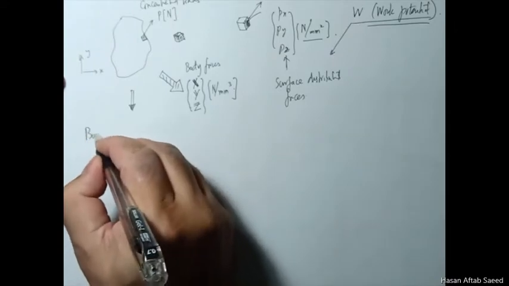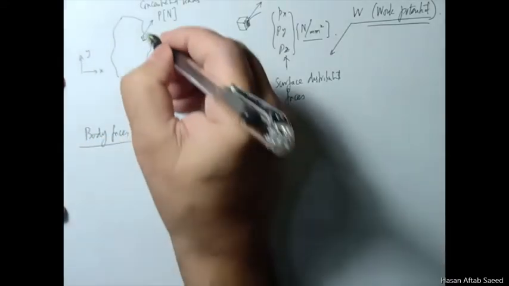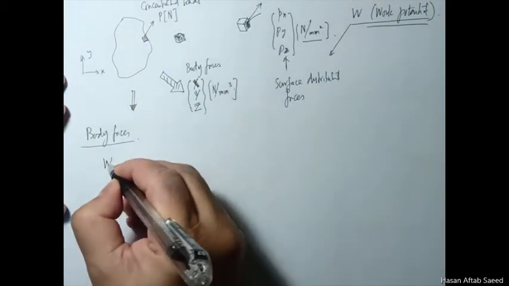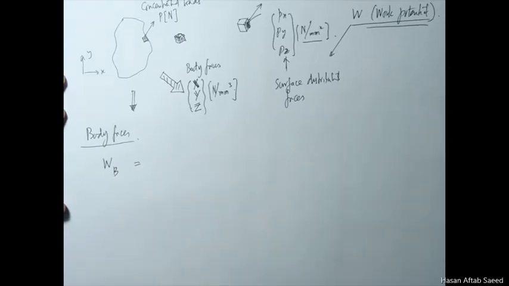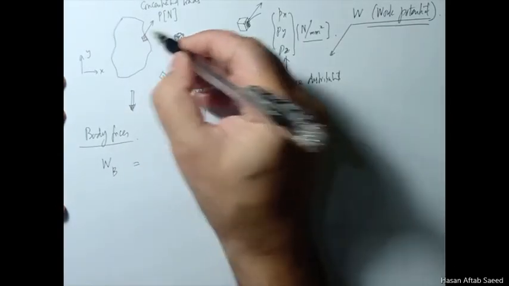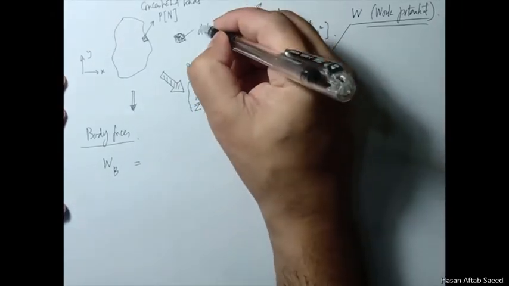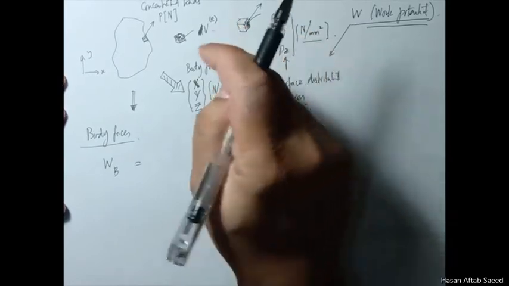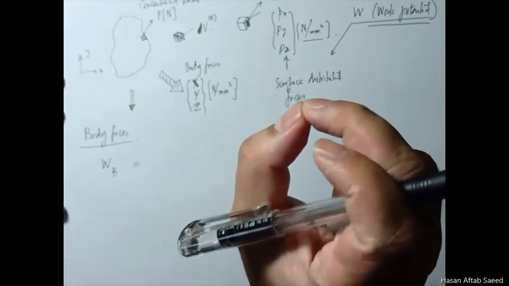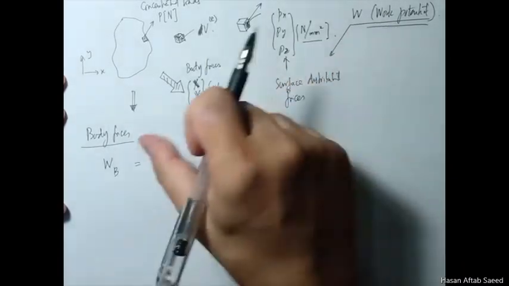So first of all, body forces. If the work potential done by the body forces was not for an element with volume dV, but for a volume V, what would have been the contribution of body forces to the work potential?